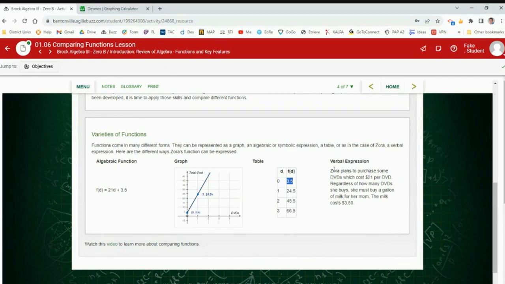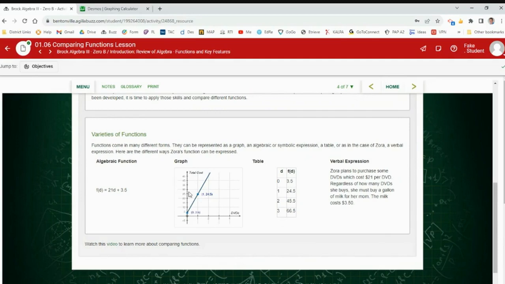Or it could have the written word problem. All 4 of these are exactly the same because they're all about the $21 plus $3.50 for the gallon of milk. Here's a graph of the same function. Here's a table of the same function. Here's the verbal expression of the same function. So you need to be able to compare and look, if I have a different graph and this, what's the difference between the y-intercepts? What's the difference between the slopes?